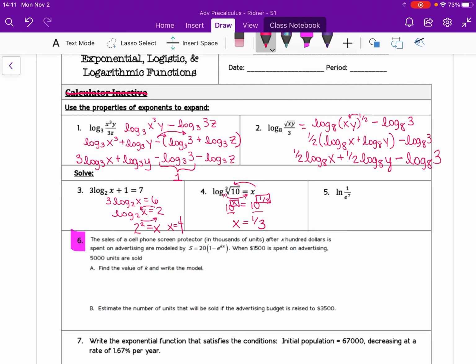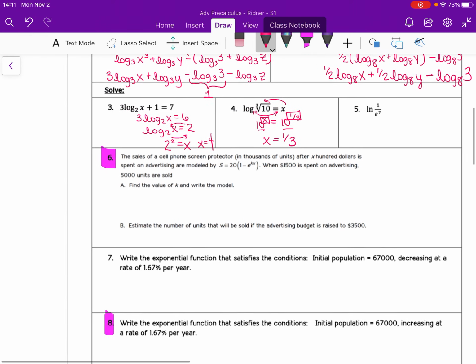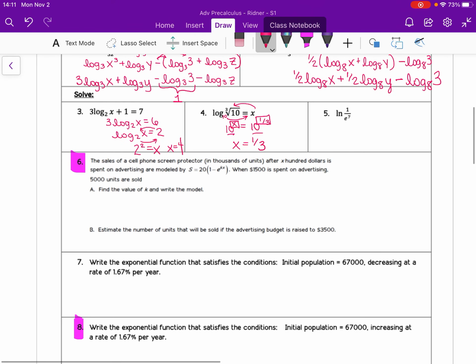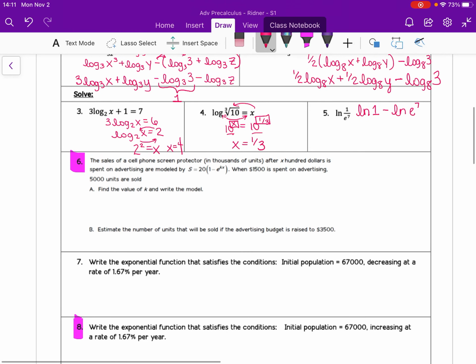And last, we want to split up the fraction here with minus. So ln of 1 minus ln of e to the 7th. ln of 1.